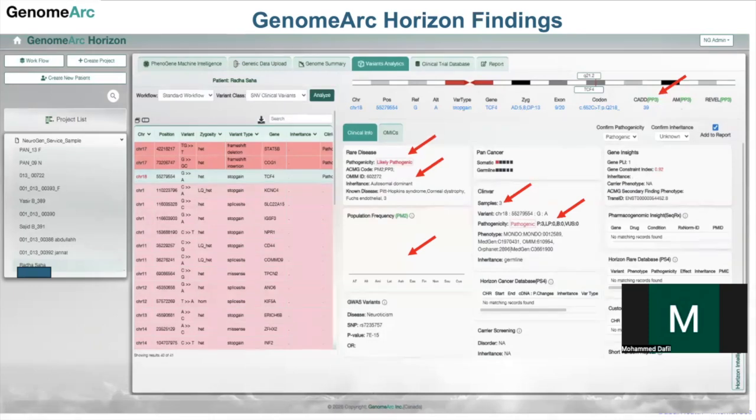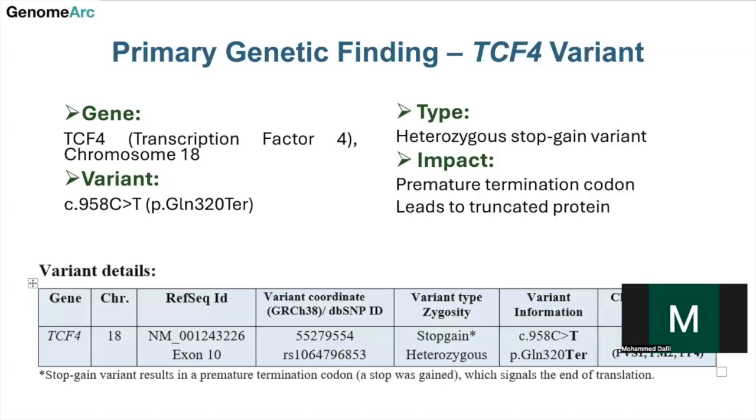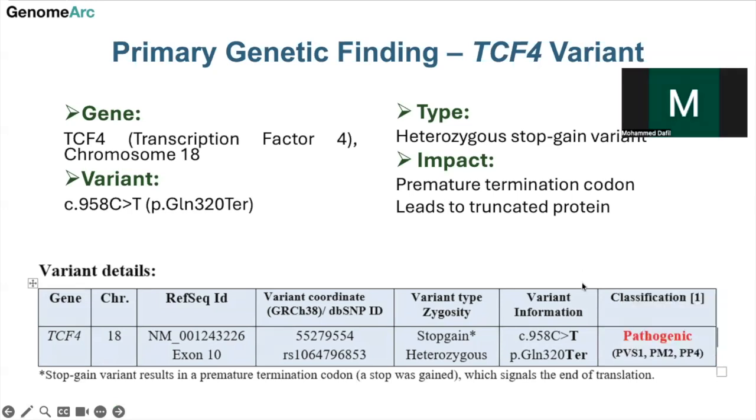So this platform gives you a holistic view of the data, with enough information to make a decision. We looked at the variant exon, just to confirm, and also the transcript within the Horizon platform.